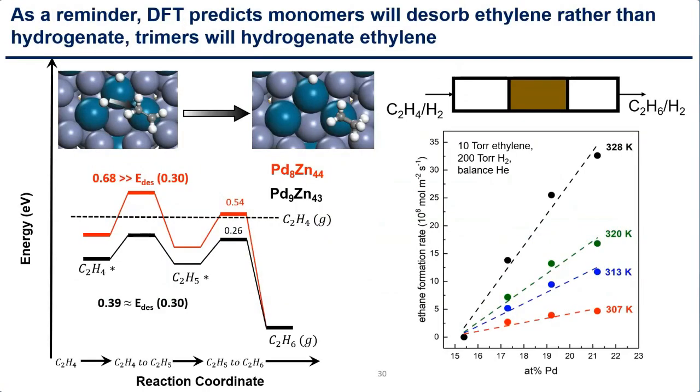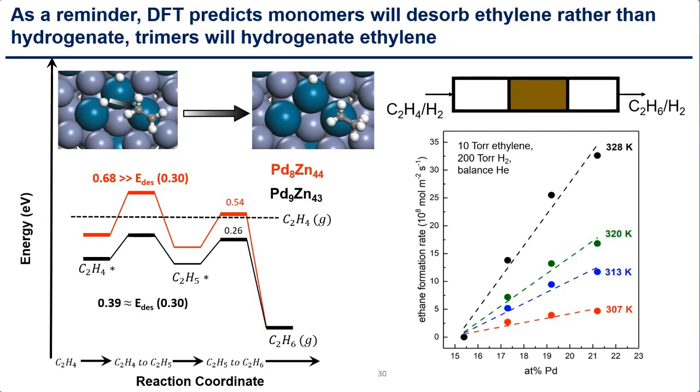So as a reminder, DFT predicts that monomers will desorb ethylene rather than hydrogenate it, and the trimers have a preference to hydrogenate ethylene. And this is captured nicely by summarizing the selectivity defining steps from a DFT standpoint, where on palladium-8, there's a stark difference between the barrier for semihydrogenation versus the barrier for desorption.